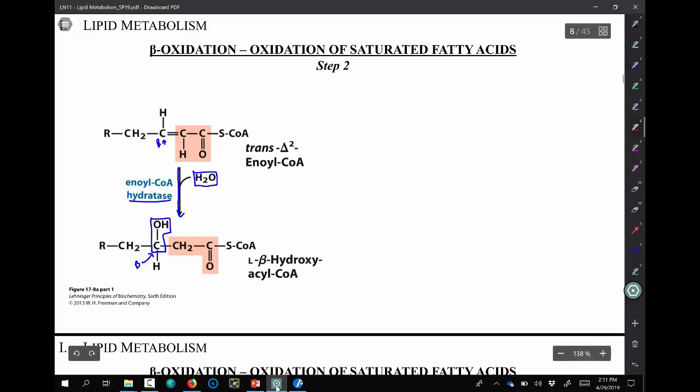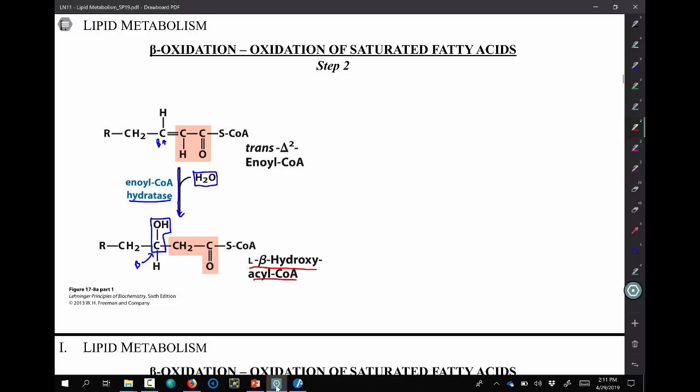Now that leads to this product, beta hydroxy acyl-CoA, meaning that there is a hydroxyl group on the beta carbon of the acyl chain. That's our naming convention. And it happens to be in the L isomer.